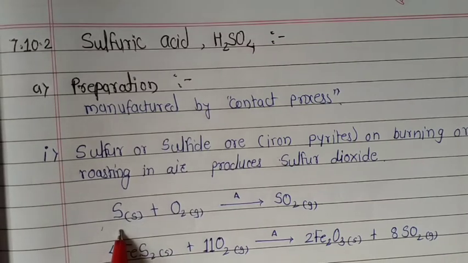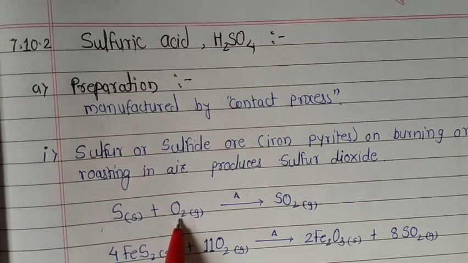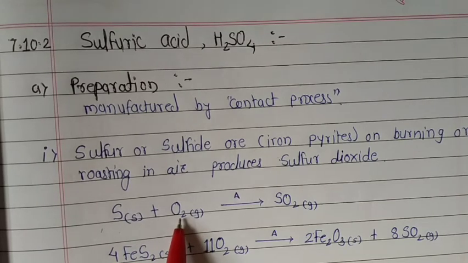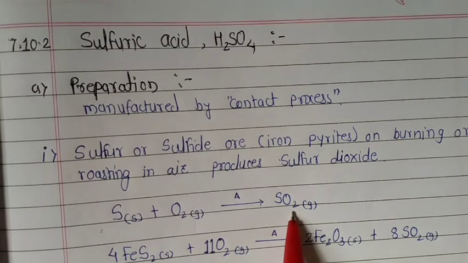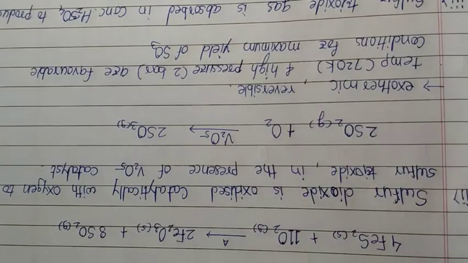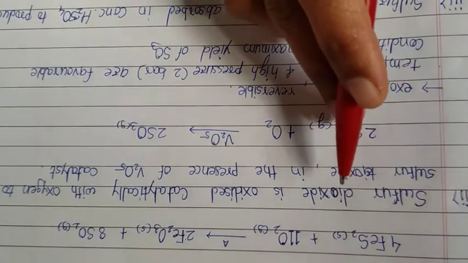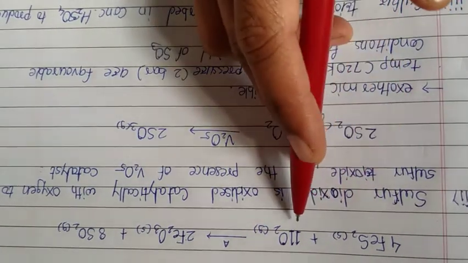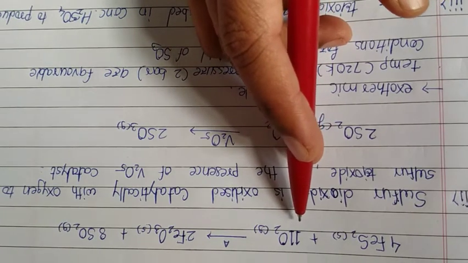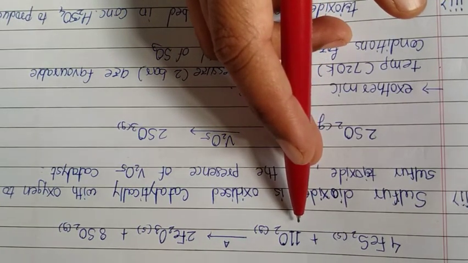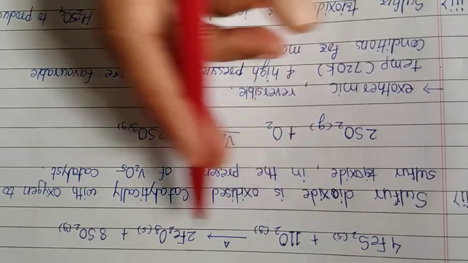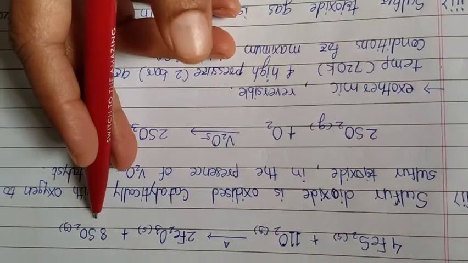This is the sulfur. When it is burned or roasted in air, it produces sulfur dioxide gas.